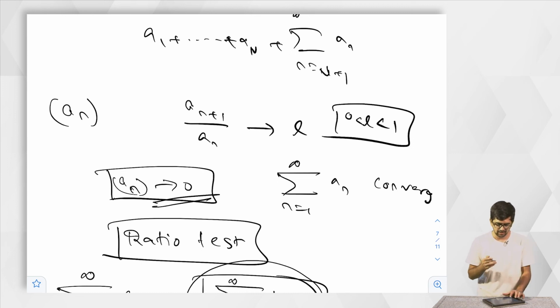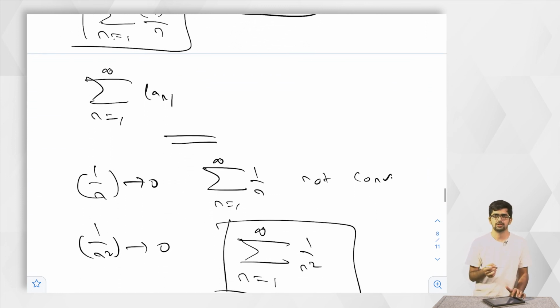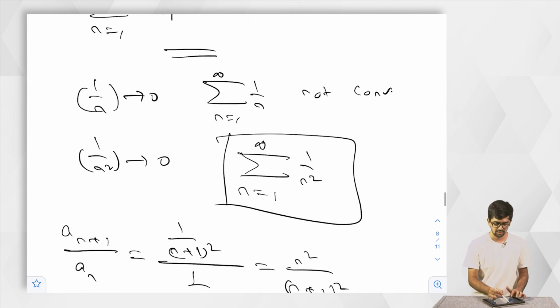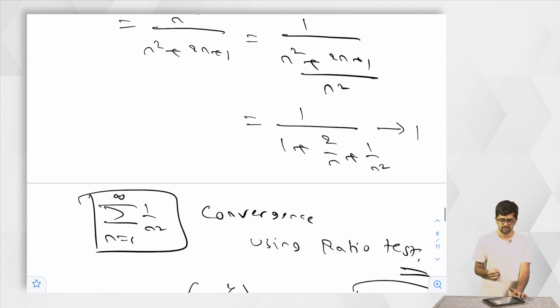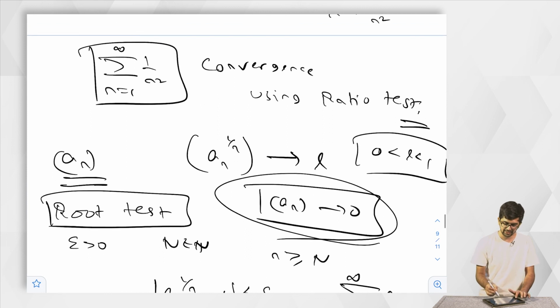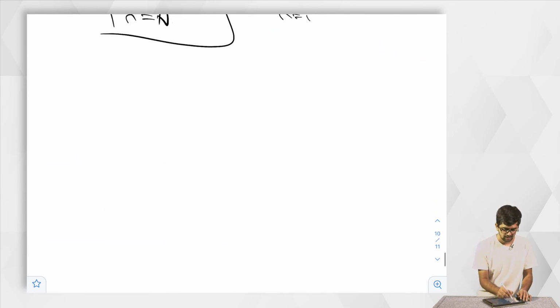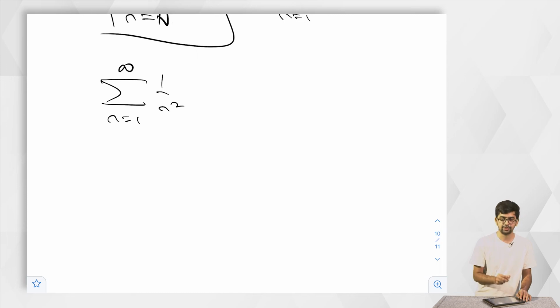Now let us check the convergence of some series using ratio test, root test. Ratio we have already done. Let us see, using ratio test we cannot conclude anything about this, right? So let us see whether we can say anything about this convergence using root test.